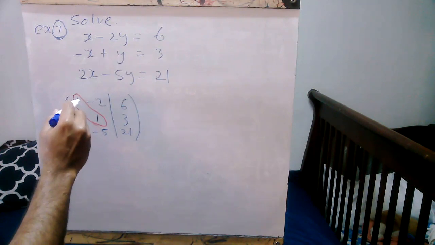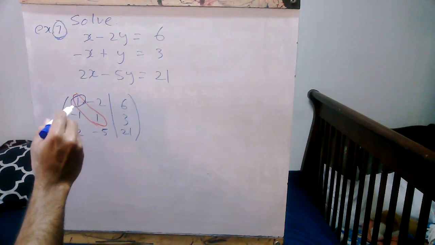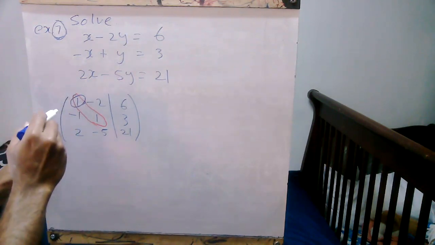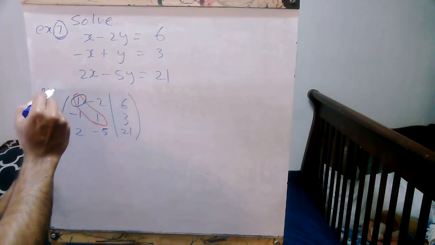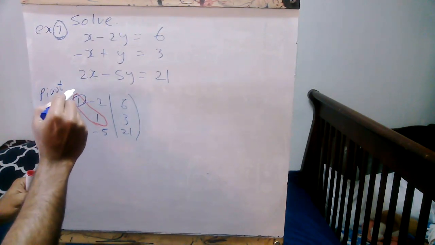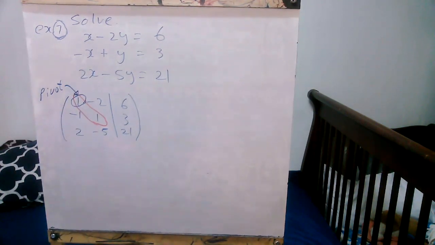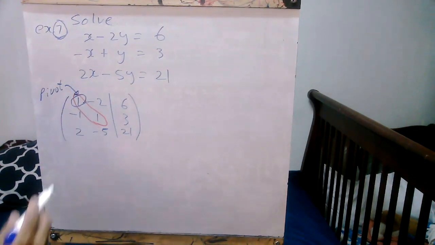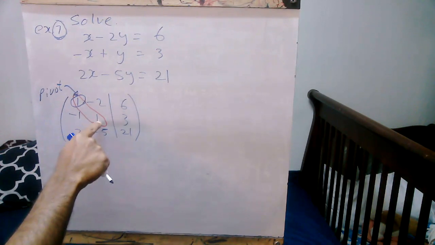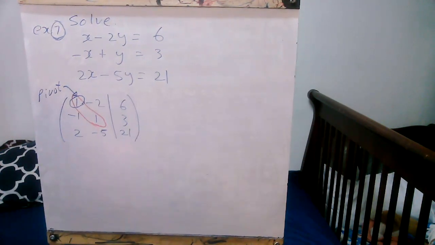So we can easily pick this one as our pivot. Then we have to make this column 0. Then we pick this as pivot and make this column 0.